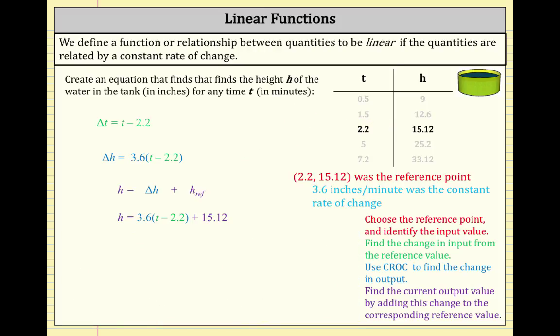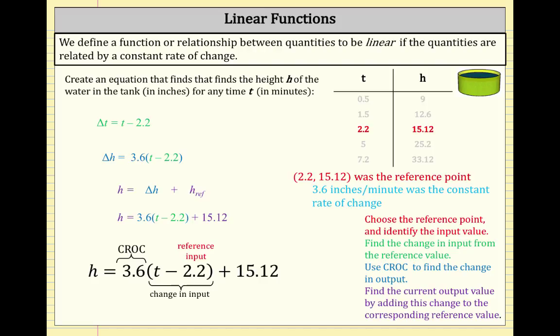So, looking at this, we have the equation 3.6 times the quantity T minus 2.2 plus 15.12. T minus 2.2 represents the change in input, and 2.2 is our reference input in this situation.